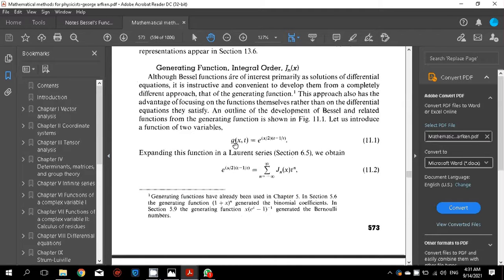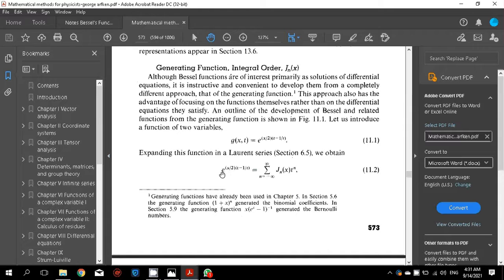If you concentrate on this function which we have defined as g(x,t) equal to e to the power x over 2 times (t minus 1 over t), this single function, as we will see, contains all the Bessel's functions as represented by equation 11.2.